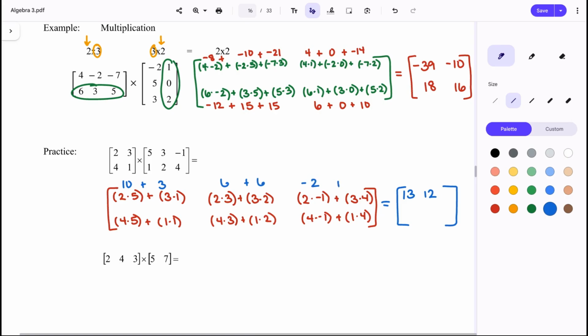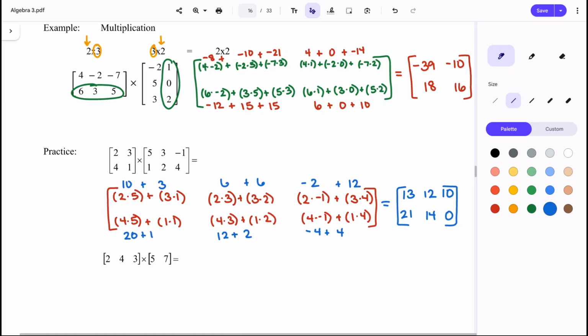Negative 2 plus 12. This one would be 20 plus 1. 12 plus 2. And negative 4 plus 4? 0.